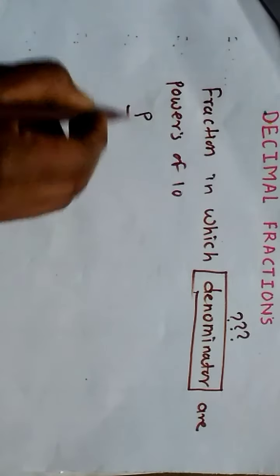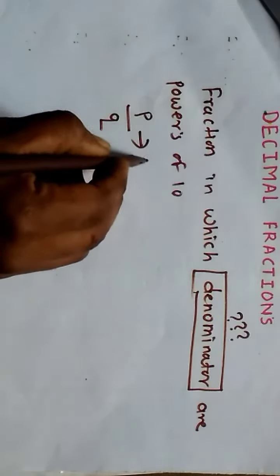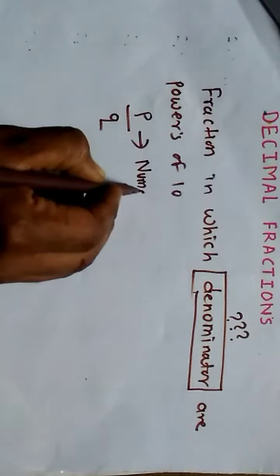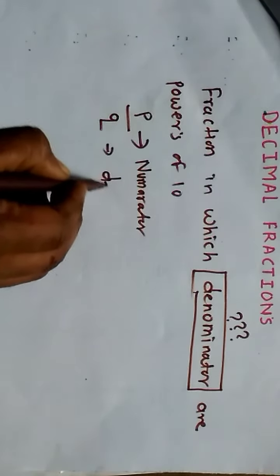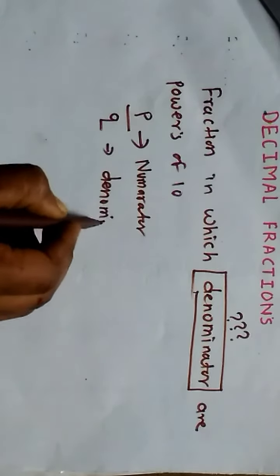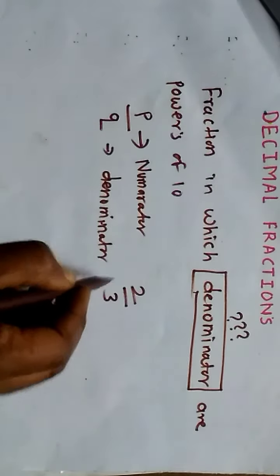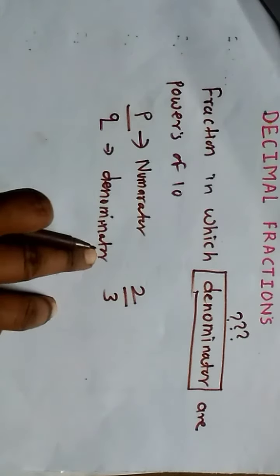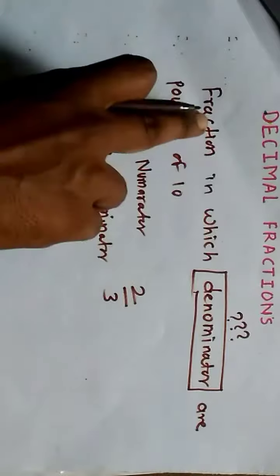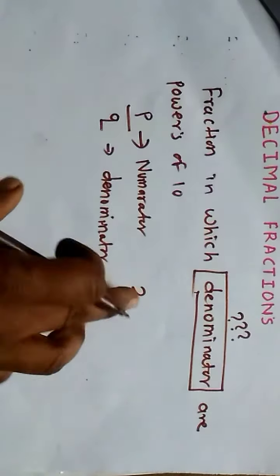If p by q is the rational function, then p is known as the numerator and q is known as the denominator. Suppose I take 2 by 3, 2 is the numerator and 3 is the denominator. A fraction means p by q form, or 2 by 3 like this form.